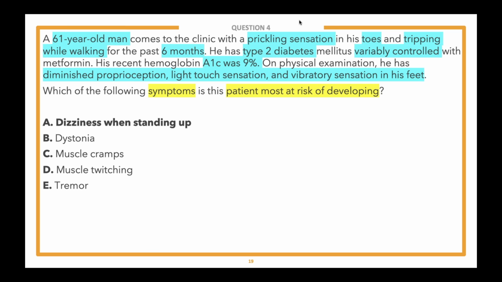And we've determined that this is a sensory deficit in this patient. Answer choice B, dystonia, that usually results from medication, so antipsychotics or other CNS issues, not what's going on here in this patient. So the best answer is picking up that this is diabetic neuropathy, and that also knowing that it can affect the autonomic nervous system, so you can get dizziness when standing.